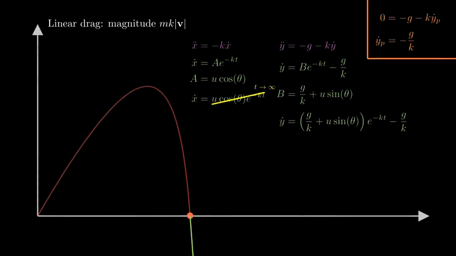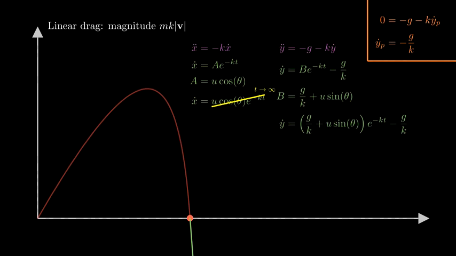Okay, so we could get some sense of limiting velocity by pretty much only looking at y dot then, the vertical velocity. So limiting t to infinity for y dot will destroy all the stuff stuck to the exponential, and that would leave you with the theoretical terminal velocity of g over k going down, which is exactly what you'd expect if the drag kv is to balance out the gravitational acceleration g perfectly, as we have done previously.